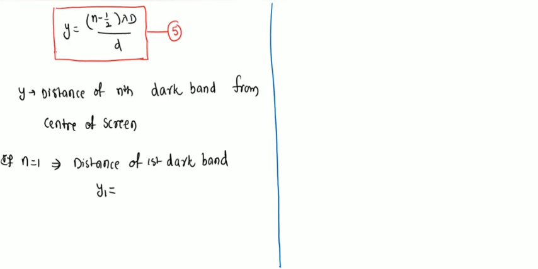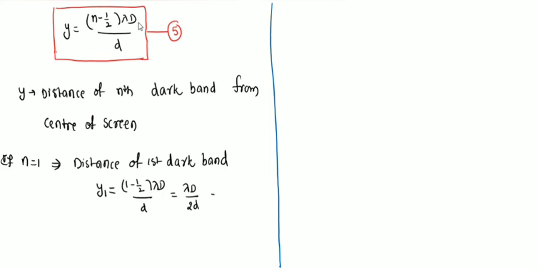substituting n as 1 here and simplifying, you get 1 minus 1 by 2 into lambda capital D by small d. Finally, we will get lambda capital D by 2d.